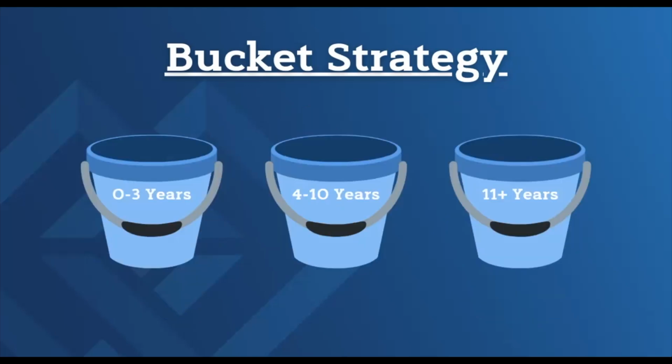Although the bucket strategy is easy to conceptualize, it may not be the most optimal in terms of market performance, since it carves out a portion of the portfolio for short-term liquidity over growth and income. But it can provide investors with a sense of security, knowing that when the stock market takes a hit, it's not affecting the portion of their portfolio that's supporting their short-term living expenses.